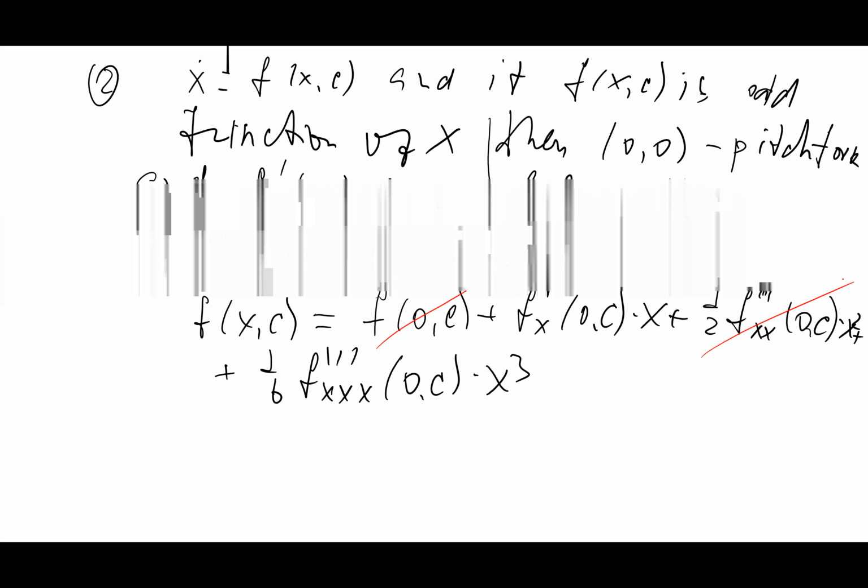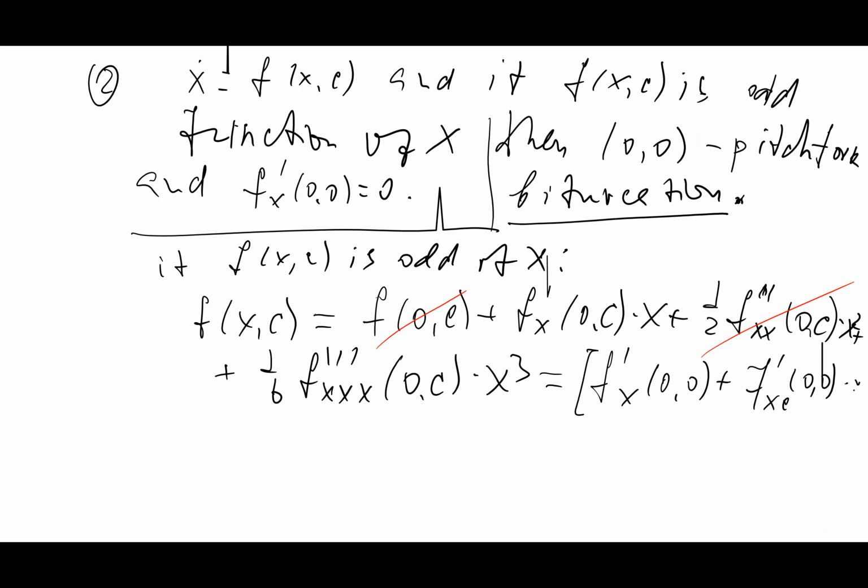Then we can further expand. Now the derivative of f over x can be represented as the derivative of f over x at 0, 0, plus the derivative of f over x, c at 0, 0 times c, plus the second derivative over x, c, c at 0, 0 times half c squared, and all of this multiplied by x.